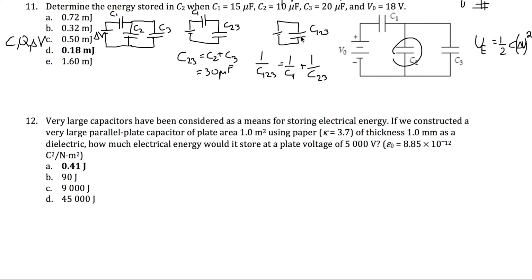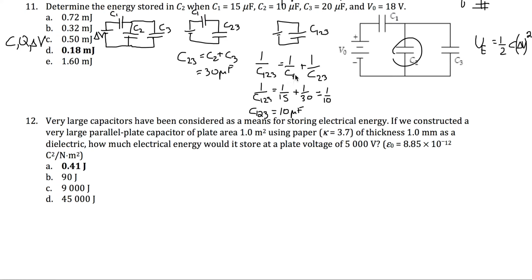So plug in 1 over 15 plus 1 over 30 to get 1 over C123, and you're going to get 1/10. So when you find the reciprocal, C123 is going to be 10. That's the equivalent capacitance.